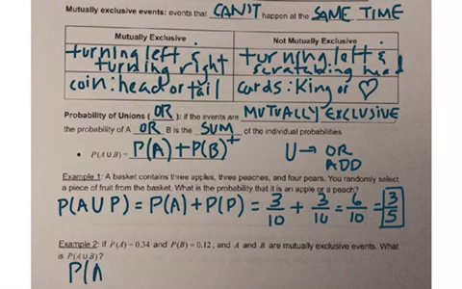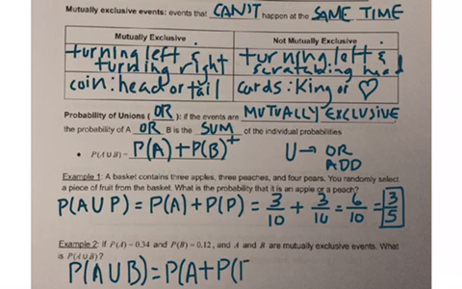So again, the probability of A union B, A or B, is the probability of A plus the probability of B. So in this case, we're simply going to take 0.34 and add it to 0.12. Okay, so 0.34 plus 0.12 is 0.46.